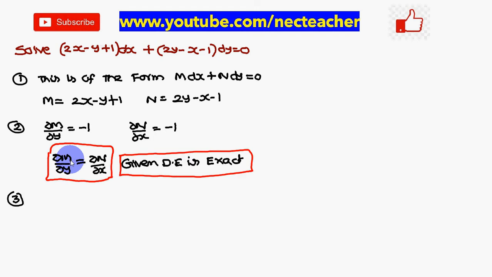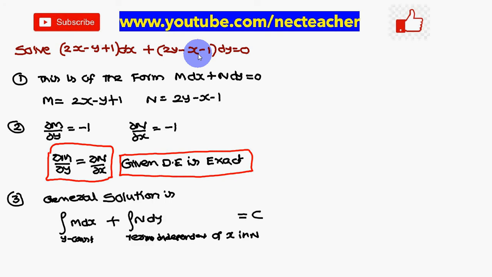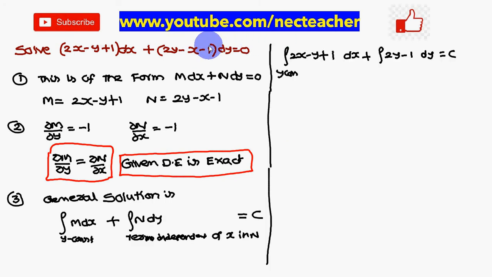What is the general solution? Integral of M dx plus integral of N dy, but here we write only the terms independent of x in N. The terms which do not contain x are 2y minus 1.